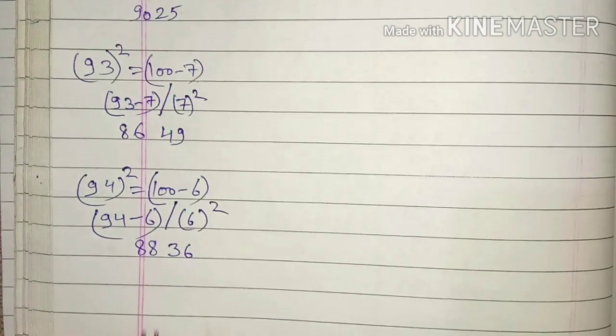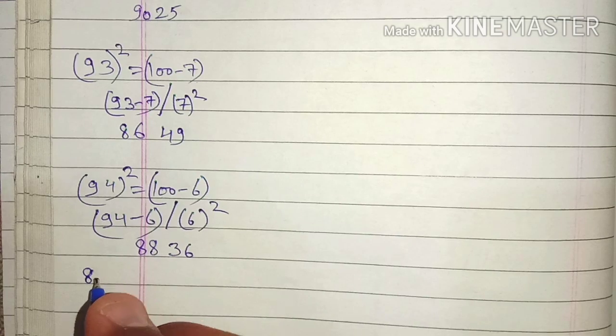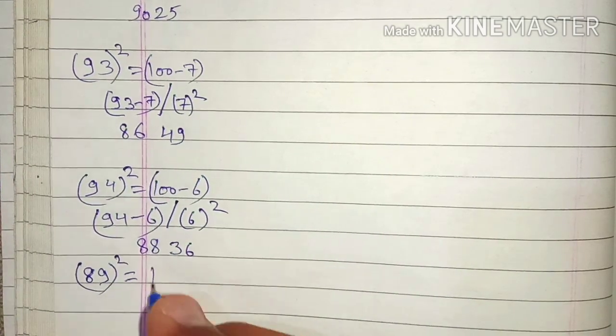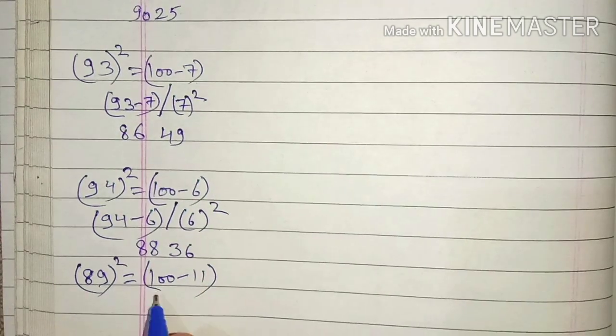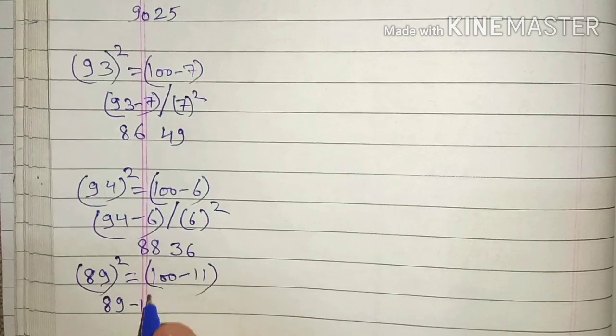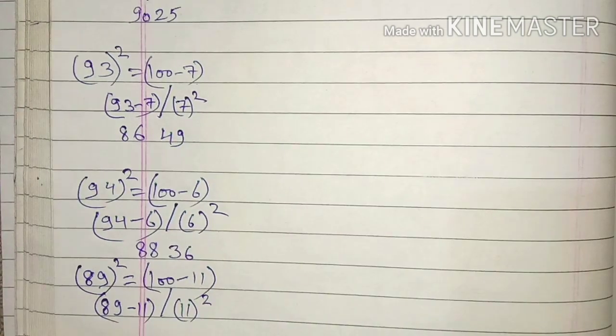Take one more example. Square of 89. We can write it as 100 minus 11. On the left side 89 minus 11 and on the right side the square of 11.